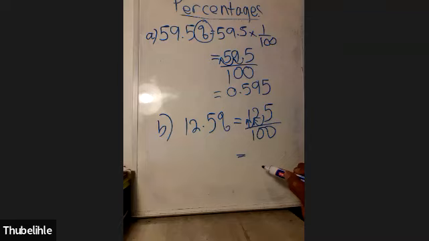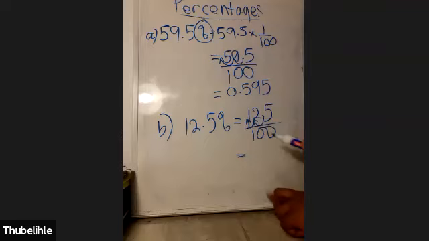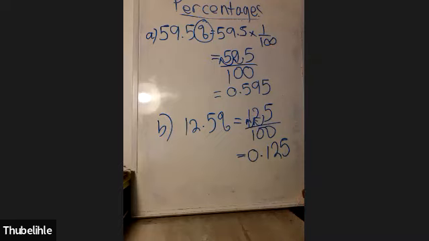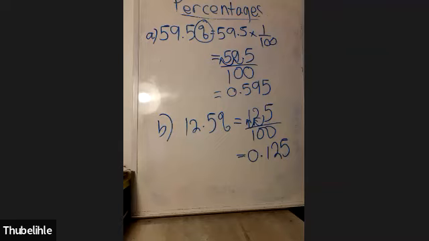Are you sure? Which side are you moving, to the left or to the right? To the left. So if you move to the left, 1, 2, what do you have? Sorry, it's going to be 0.125. Yes, that's correct. And then changing it back, you'd have to move it twice again, 1, 2, to the right. All right, thank you so much, Shindumi.